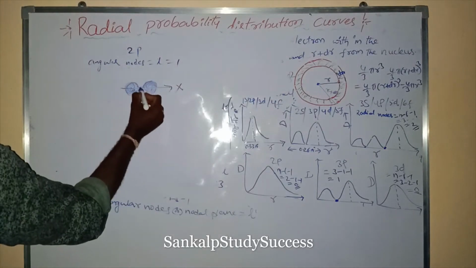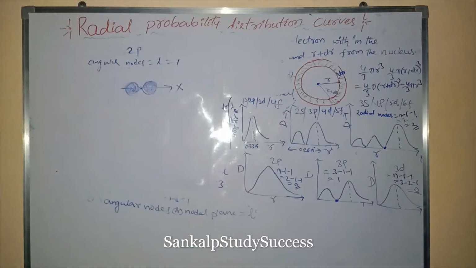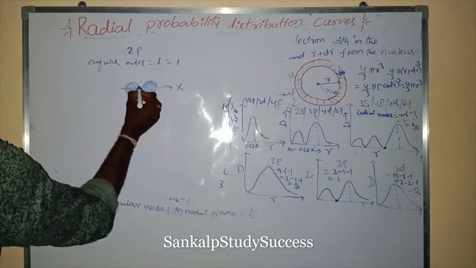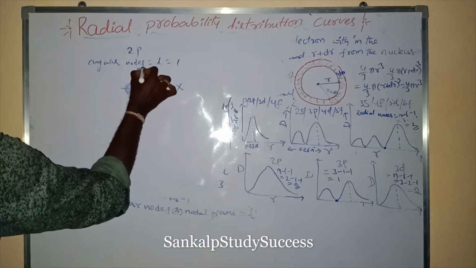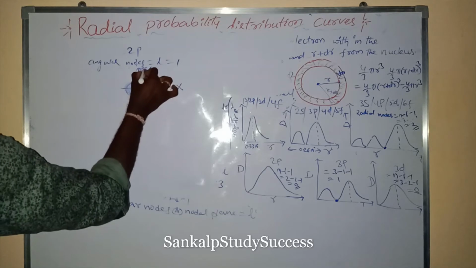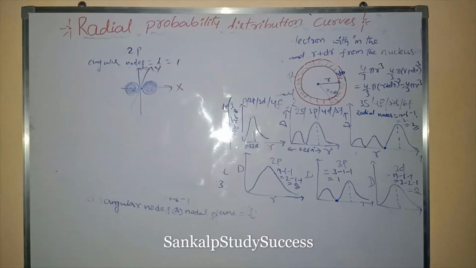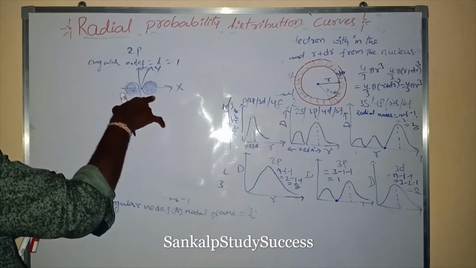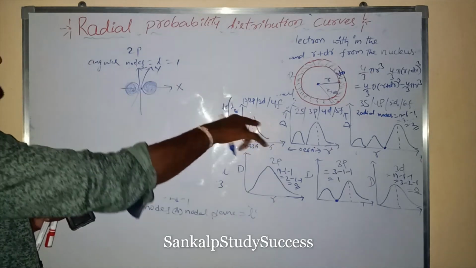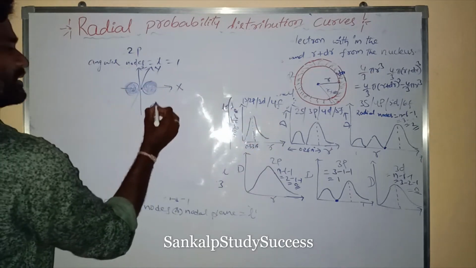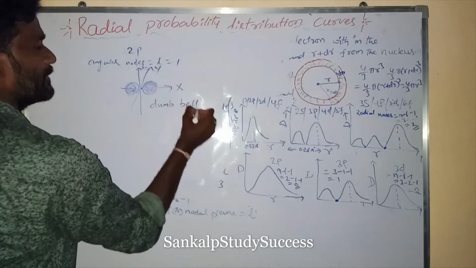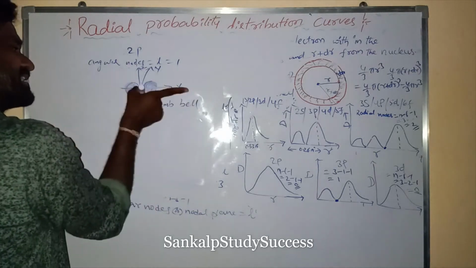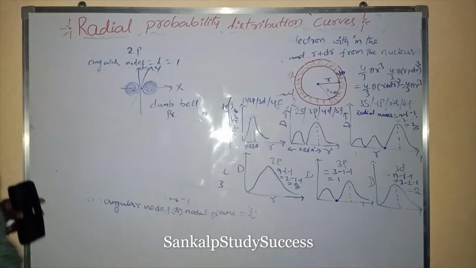This is the z-axis and this is the y-axis. So here the probability of finding an electron around the nucleus is in two lobes on the x-axis. It appears like a dumbbell. What is the shape of a p orbital? Dumbbell. So here the p orbital is present in the x direction, so we can call this orbital px.